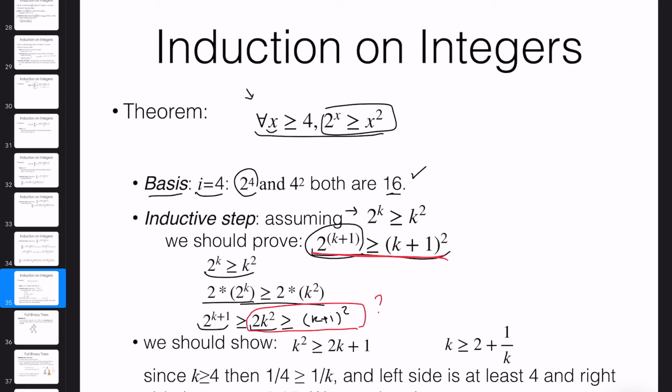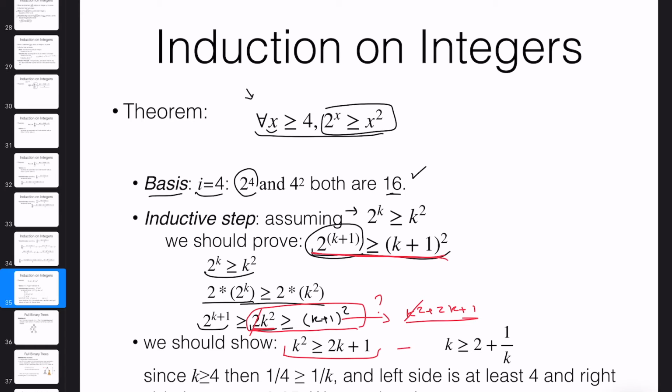If you open this one, this is going to be k power 2 plus 2k plus 1, right? By comparing this side and this side, you will see that this side will be removed and the 2, so you remain with this. I need to prove that k power 2 is greater than 2k plus 1.